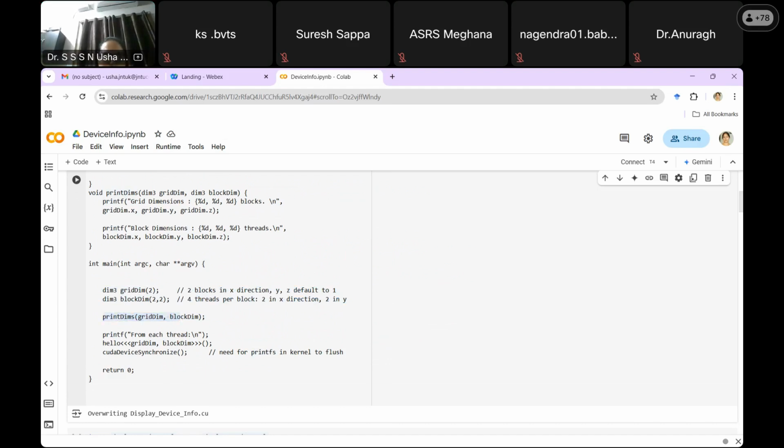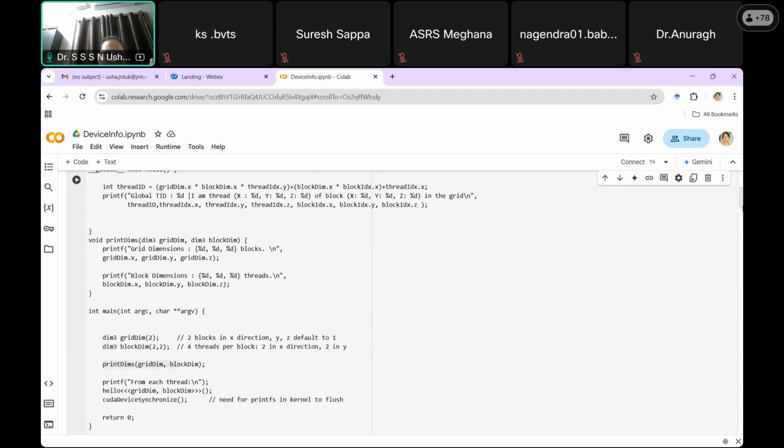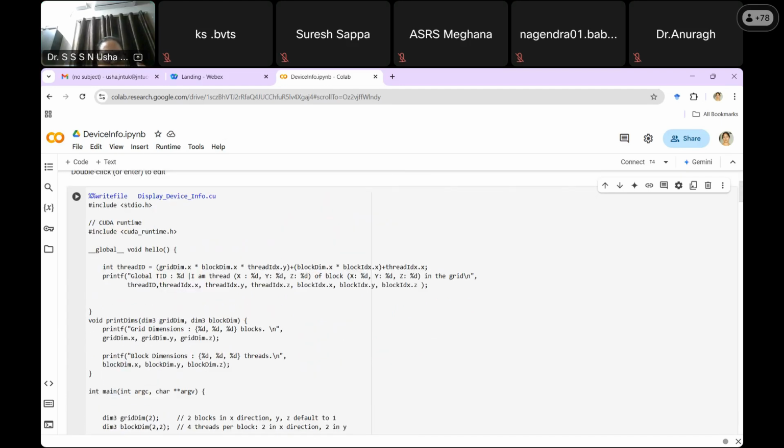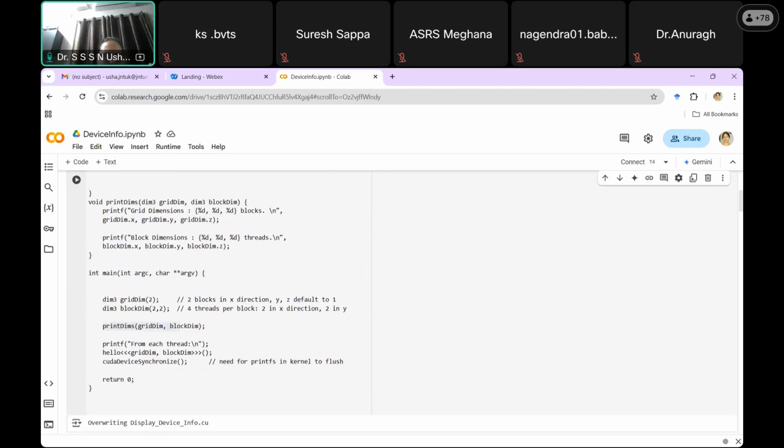So what's the dimension? Grid dimension means how many thread blocks are present. Sometimes there may be multi-dimensional thread blocks, that means a thread block might have 2 dimensions or 3 dimensions. That's why it's going to be different: sometimes 3 parameters, sometimes 2 parameters. Sometimes we can say 2 by 4, sometimes 2 by 4 by 3.